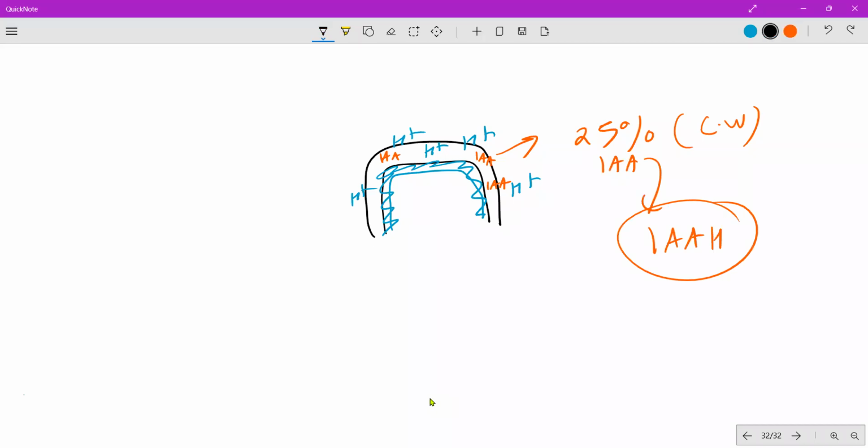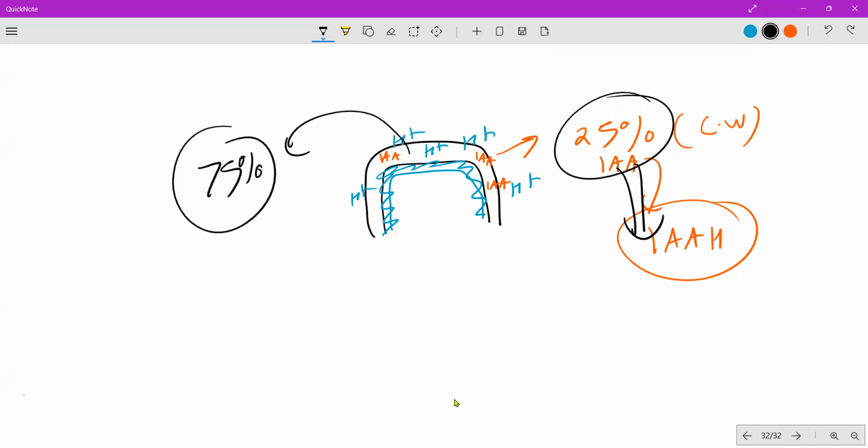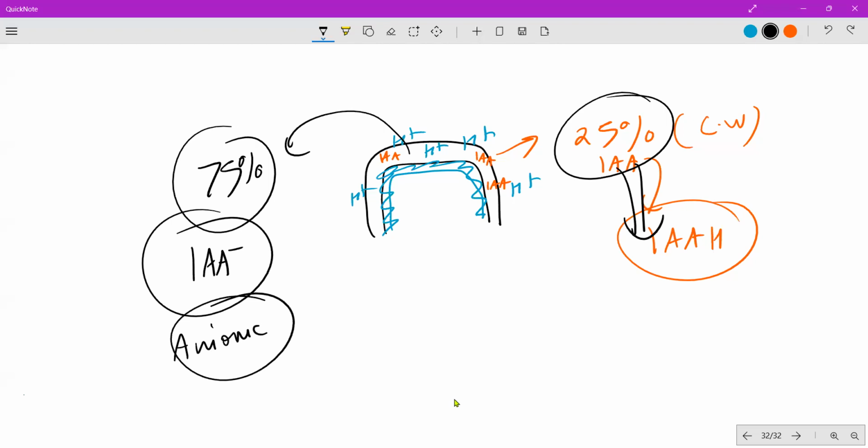How much is present? 25% is present as protonated form in the cell wall. Remaining 75% of auxin is still found in the ionic or anionic form in the cell wall region.